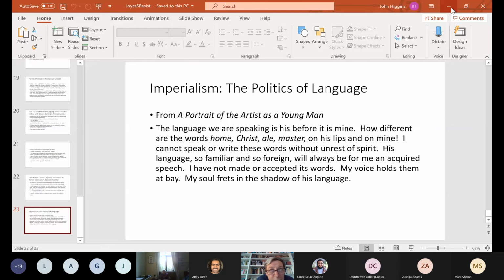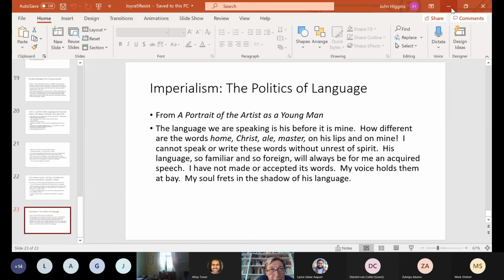When that was done, in thinking about Joyce, you'd think about him as a great modernist writer, but strangely enough you wouldn't focus so much on his Irishness.